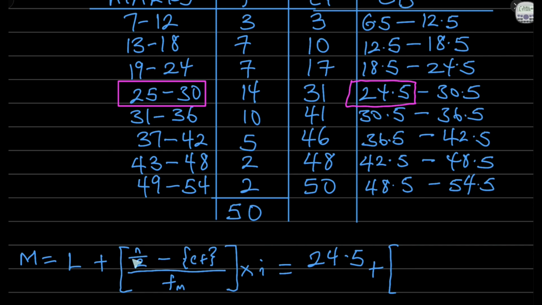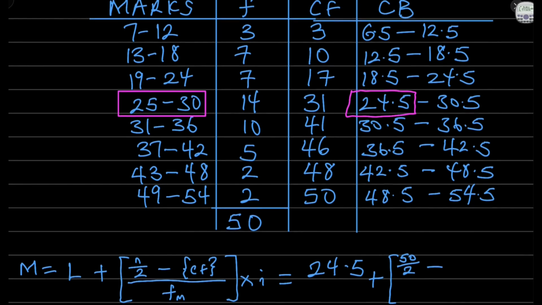We know that n is 50, so n divided by 2 is 25, minus the cumulative frequency before the median class.